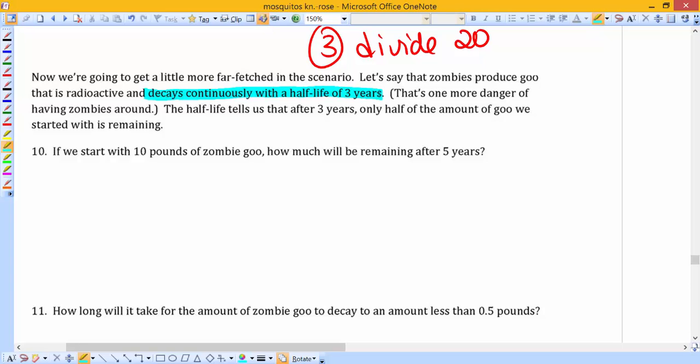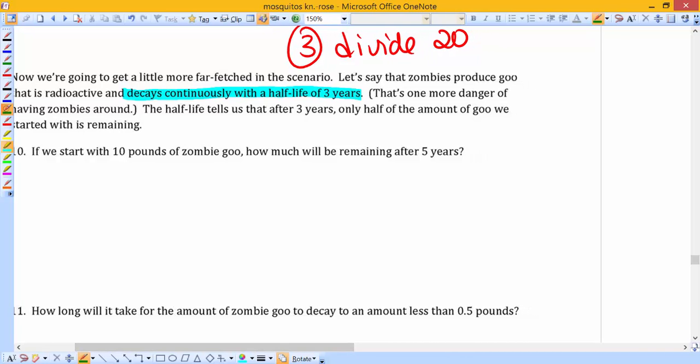When I'm going over this in math analysis, if I have 10 on year 0, in year 3 I'm going to have half of that, 5. At year 6, I will have half of that, which is 2.5. At year 9, I will have half of that, which is 1.25. So this is the whole idea of half-life.